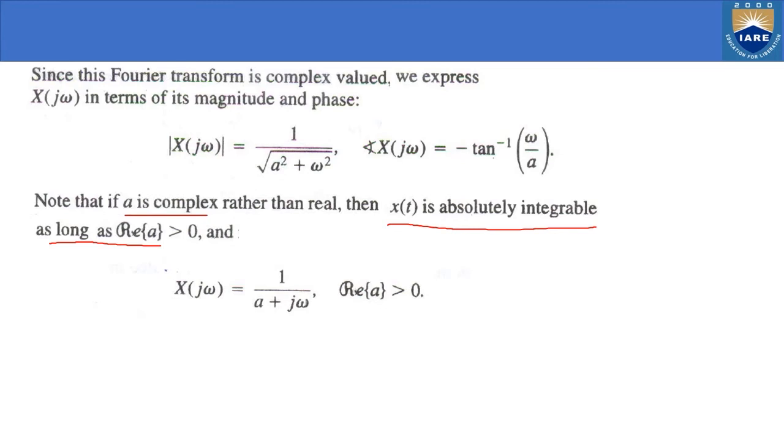If a is already real, then it should be greater than 0. If a is complex, then the real part of a should be greater than 0. So in these cases, you can find the Fourier transform for e to the power of minus a t. Otherwise, the Fourier transform does not exist. Okay, so this is the final answer for this. And if it is complex, this is the condition required.